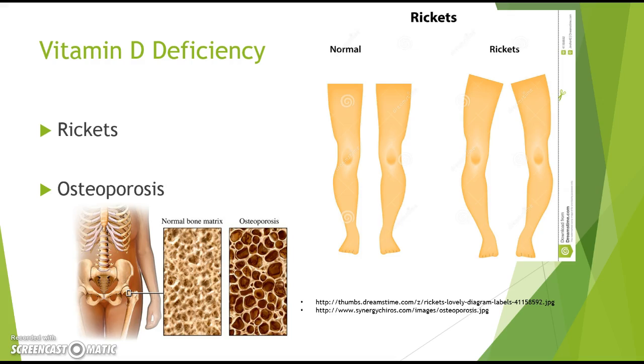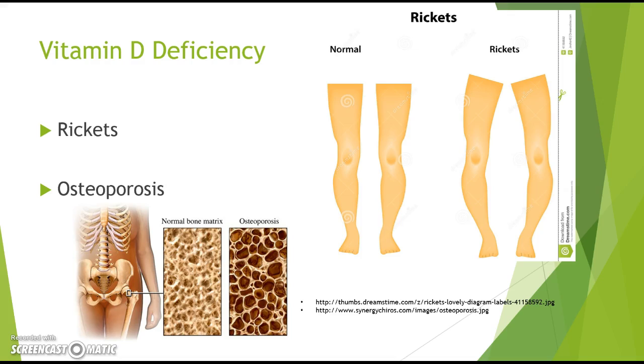So right here we have some vitamin D deficiencies. The main one, on the top right, is called rickets. As you can see in the image in that top right corner, the left side, the legs are the normal type of legs, pretty straight up and down. Bones are nice and strong in that one, nice frame and all of that. On the right side is the version which is called rickets.